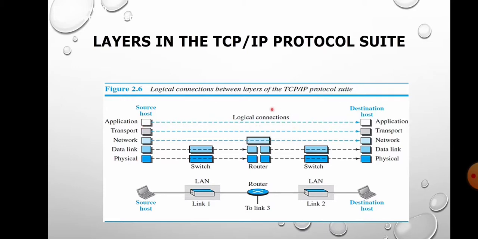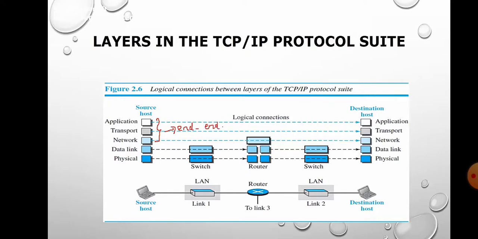Each layer has a logical connection between the nodes. In the figure we can clearly observe that the duty of the application layer, transport layer, as well as the network layer is end-to-end.